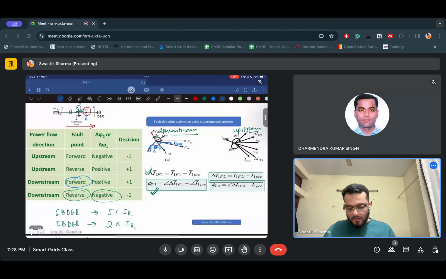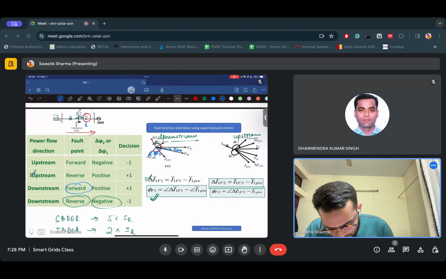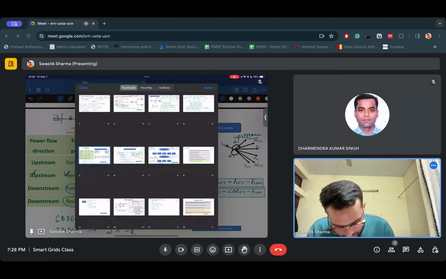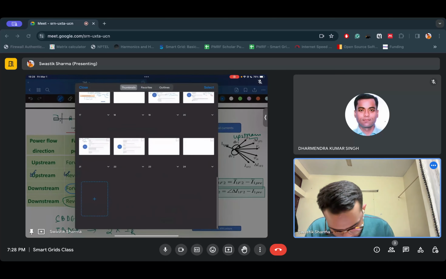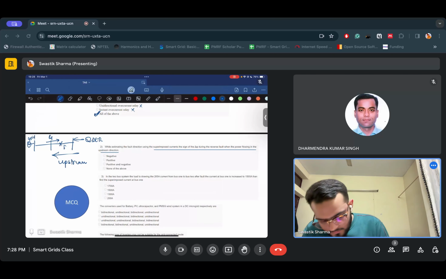Now tell me. So it's saying upstream, reverse. So the direction is positive. How? What's happening is your current is flowing in the same direction. But the relay, which is sensing the current, will sense it like this.